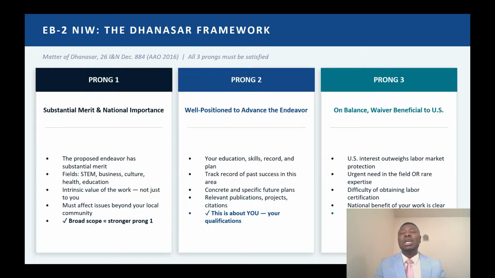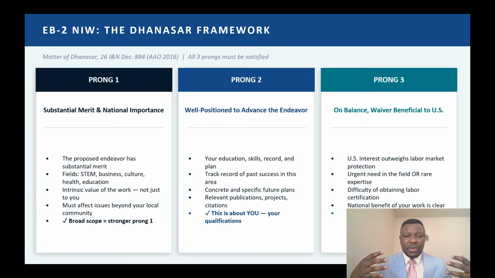So after the USCIS officer looks at what you want to do in the United States, if they determine that it has substantial merit and national importance, they focus on the work you want to do in the first part. In the second part, they now focus on you that wants to do the work.